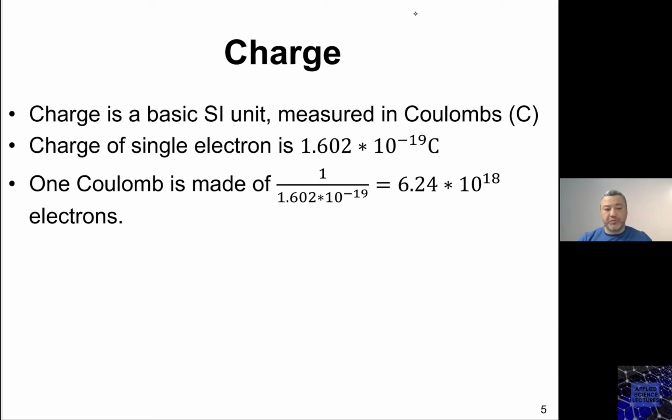So if you want to look at how many electrons are in one coulomb of charge, you divide one coulomb by 1.602 times 10 to the power minus 19, and this is going to be the number of the charges in one coulomb, either as negative charges or positive charges.